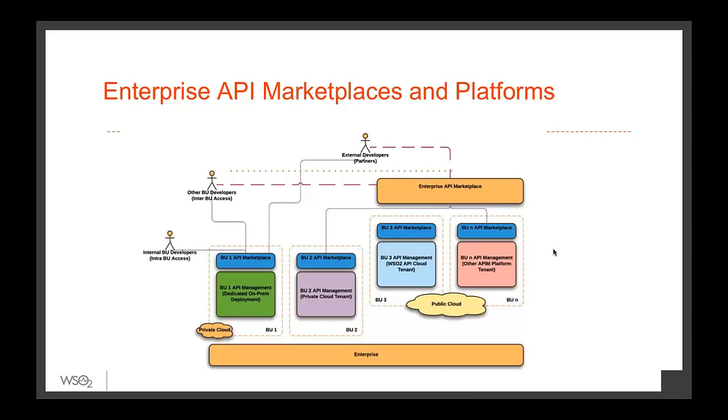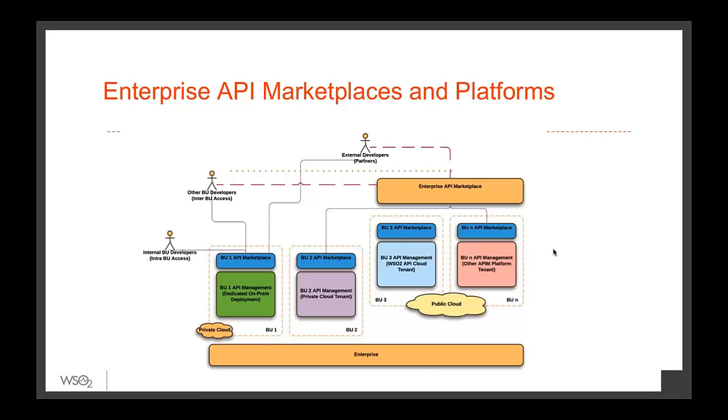Once you have all of that in place, you can then selectively expose APIs to external users, external developers, or B2B partners as well. In that scenario, you will have users accessing the enterprise API marketplace as well.